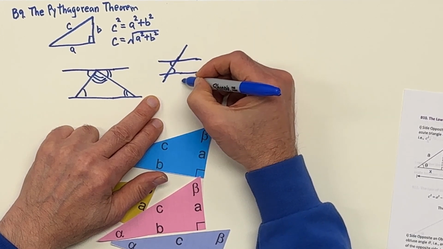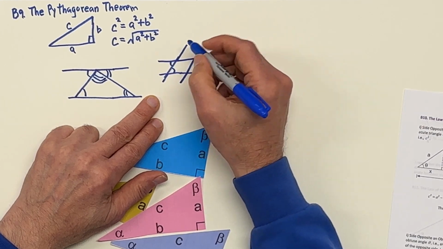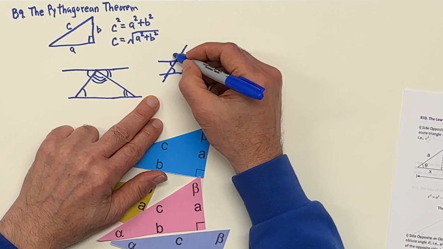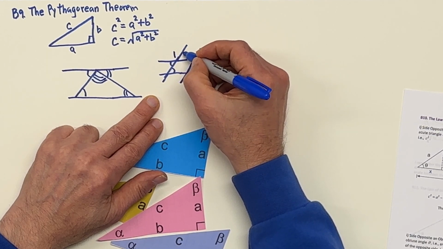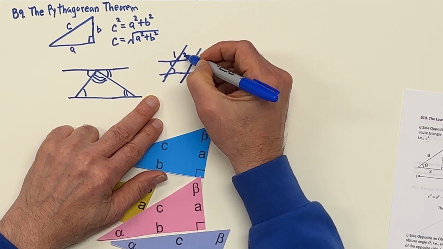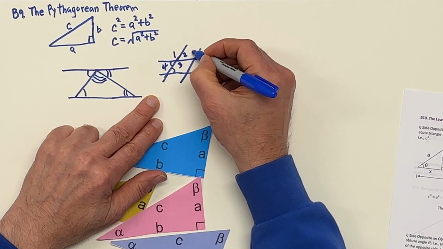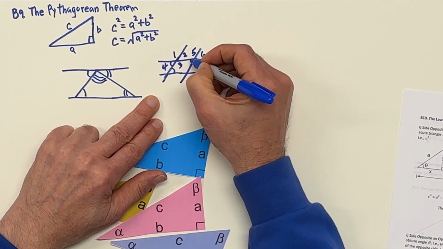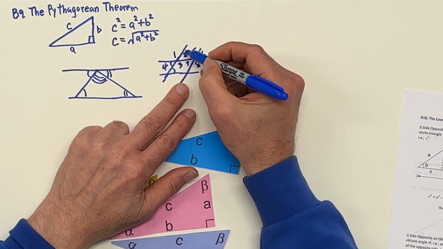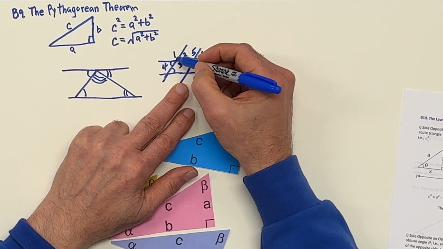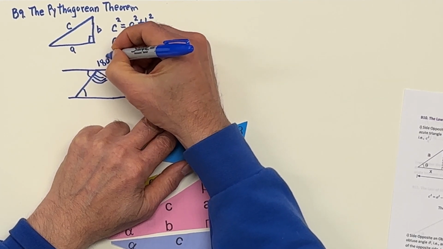Let's have another line parallel. So these are parallel lines, so that, say, this angle here, if we put this angle here as a 1, and if we go here 2, and say 3 and 4, and then 5, 6, 7, and 8, all we need to use is that a straight line by definition is 180 degrees.